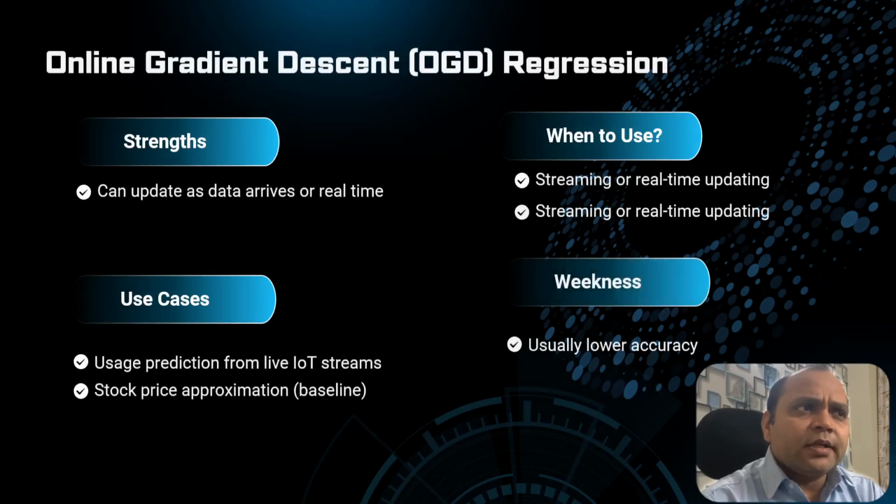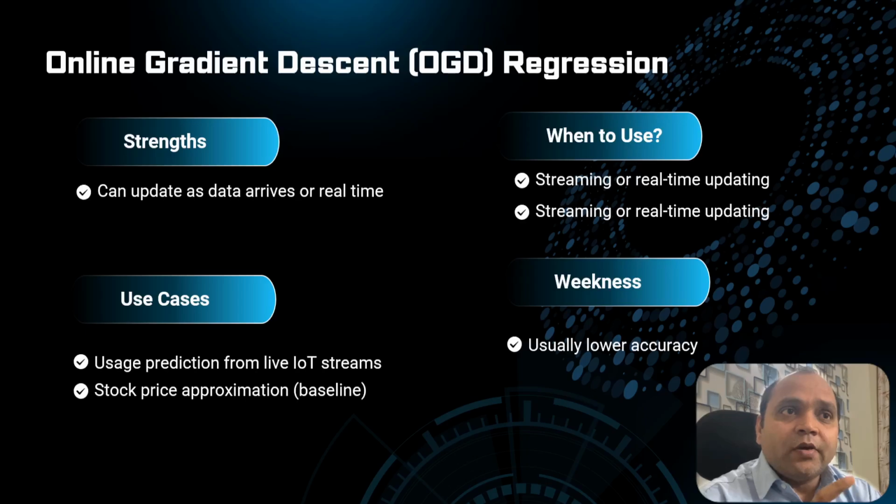Another trainer is online gradient descent, OGD regression. It can update on real-time data. Very interesting, guys. Real-time data means you are retrieving data from sensors, IoT devices, stock prediction, stock price analysis.